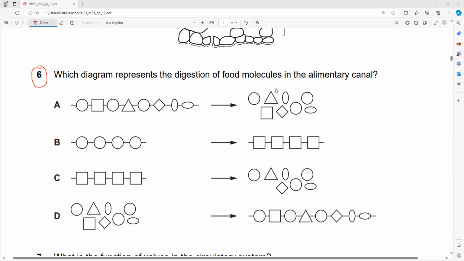So the food which we are eating is actually a complex food. It contains a large number of compounds. Of course, nobody can have the same type of food. Definitely we have veg, non-veg, varieties of dishes and all.